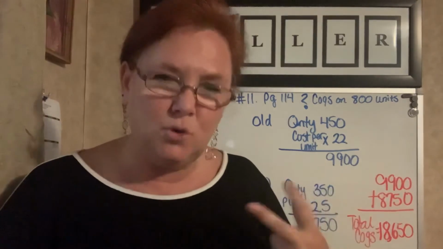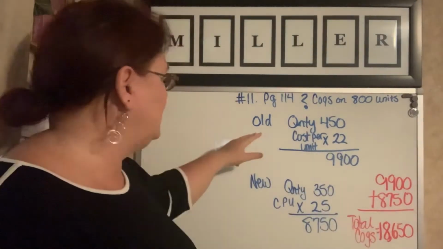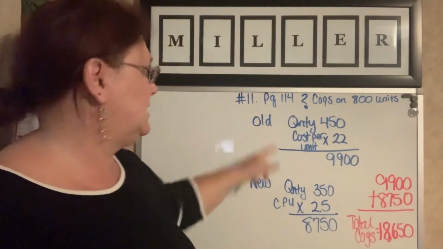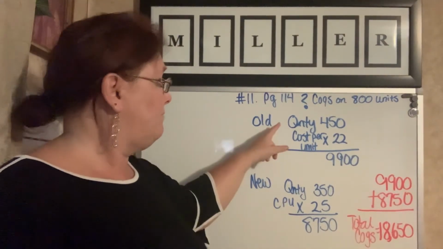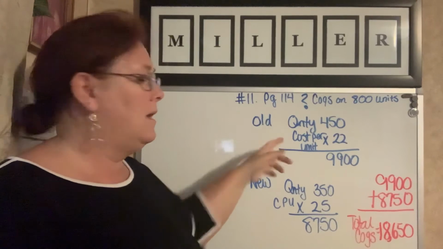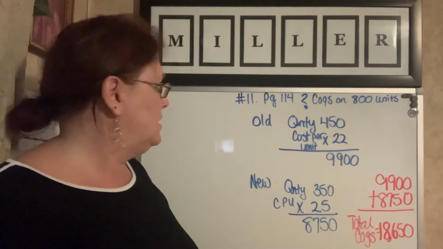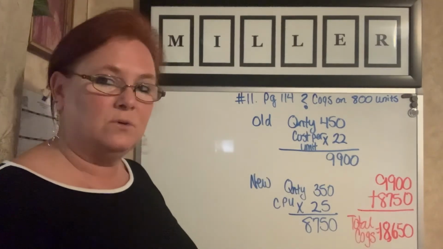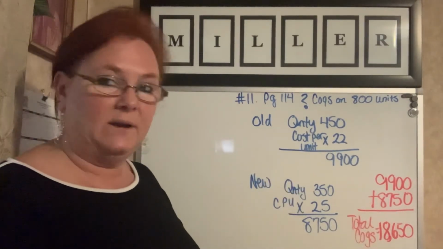So because we have two different prices, all we have to do is separate them into old and new. So the old, it tells us that we have 450 of them and they cost $22 to produce. So just do the math, multiply them. 450 times 22 should give you 9,900.